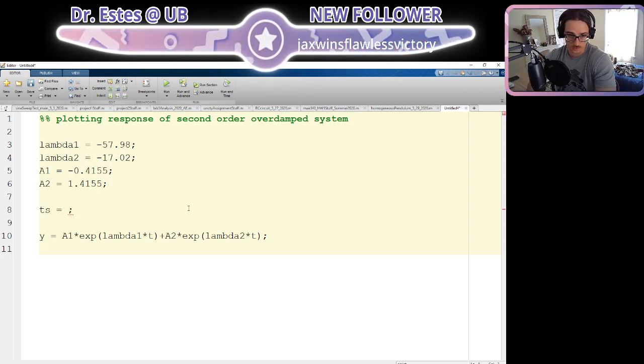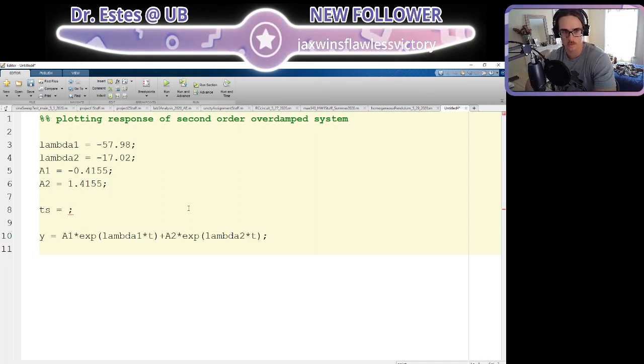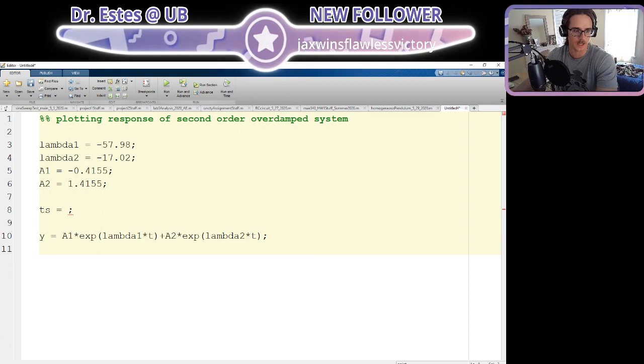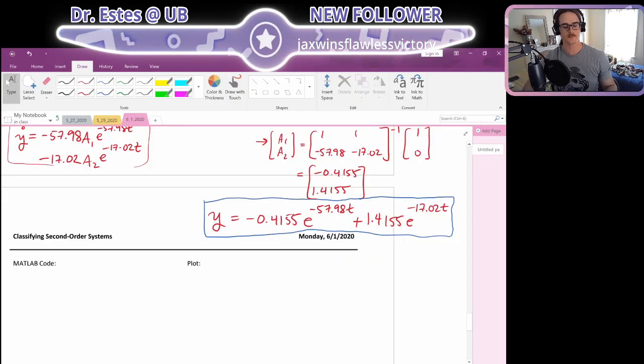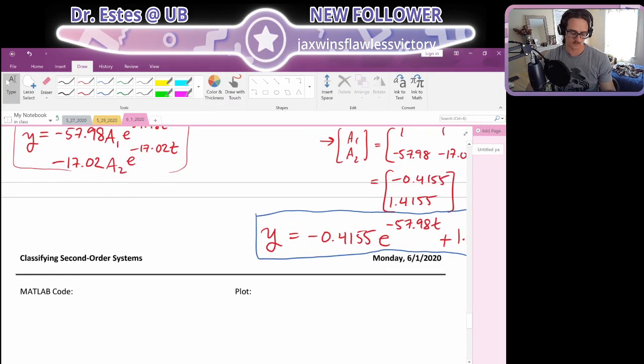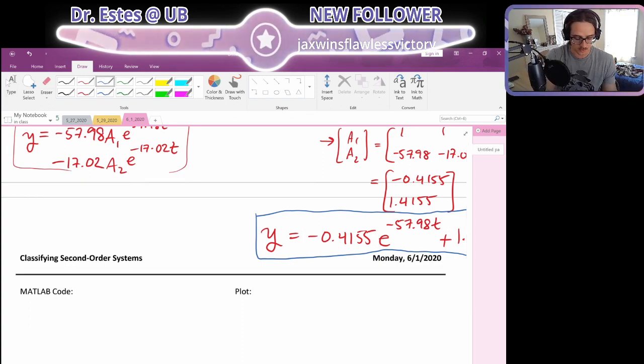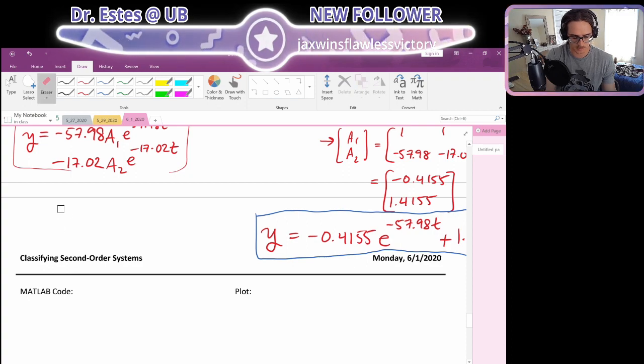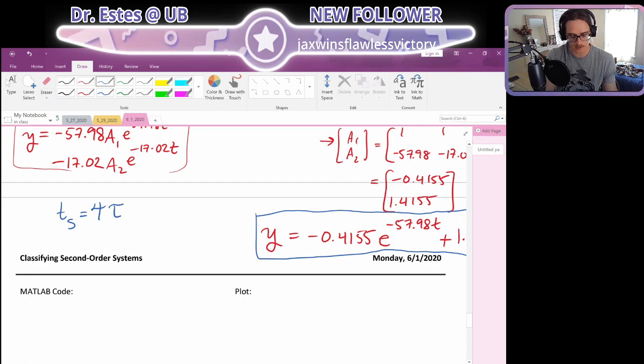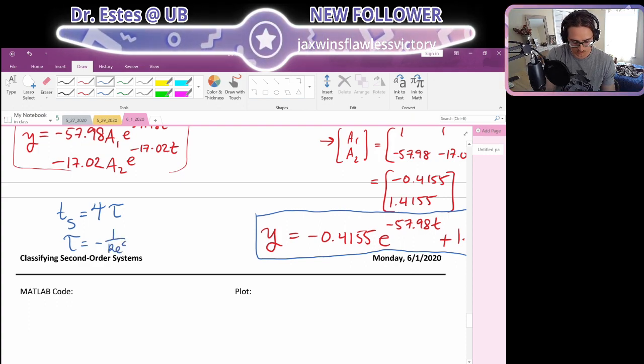And this is a little tricky because what did we define the settling time as for a second order system? Or a first order system for that matter. Well, the settling time is 4 times the time constant tau. And what is tau? Tau is minus 1 over the real part of the root.